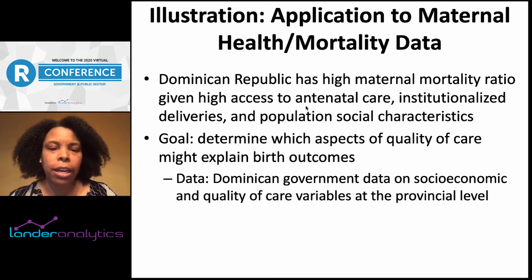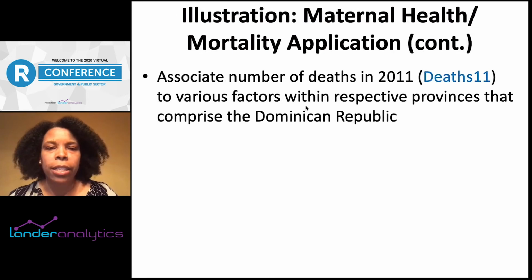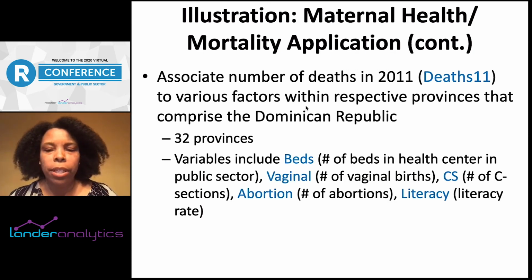And so as you can see here, we pulled the data from online regarding information such as the number of deaths across these different provinces, and variables such as the number of beds, the number of vaginal or C-section births respectively, the number of abortions, etc. And so the idea is to consider an association between the number of deaths that have occurred in each of the provinces versus some measure regarding these various explanatory variables.